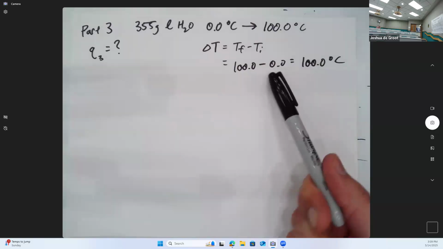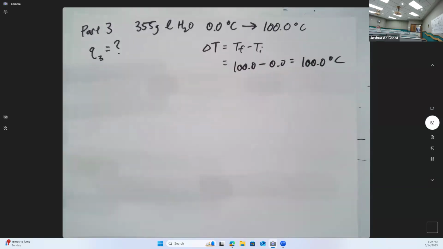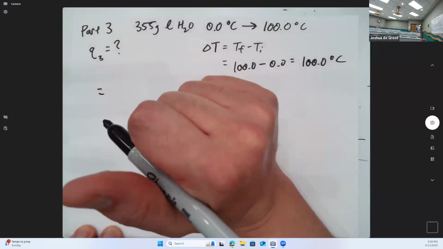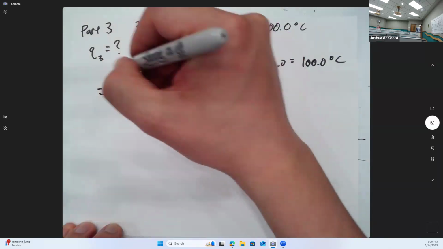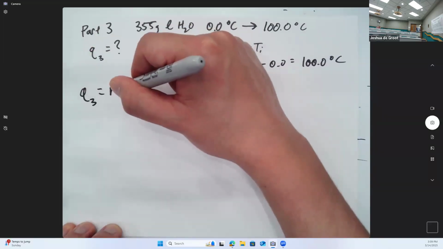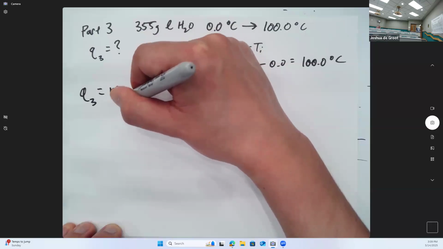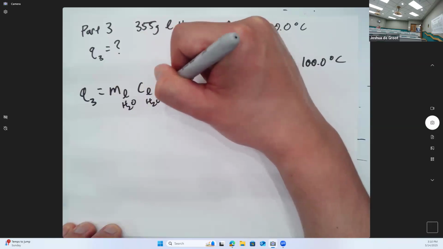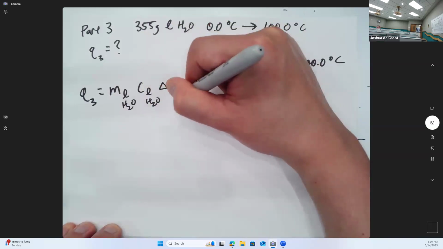Now you can see why Celsius is nice, because you have moments like this where the calculation is super slam dunk. All right, we're going to use the grams or the moles. M is 4 moles. So Q3 is going to be the M of liquid water, C of liquid water, delta T of liquid water.